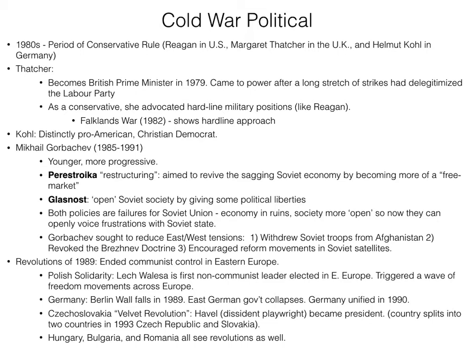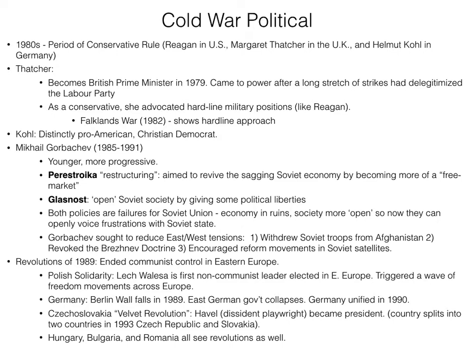Eventually these two policies are what lead to the downfall of the Soviet Union, the independence of the Soviet satellite states, and so on. In 1989, there's going to be a number of revolutions that break out, and the Soviet Union basically just lets them declare their independence. Polish Solidarity was the first party to declare its independence, and from there, it triggers a wave of freedom movements.